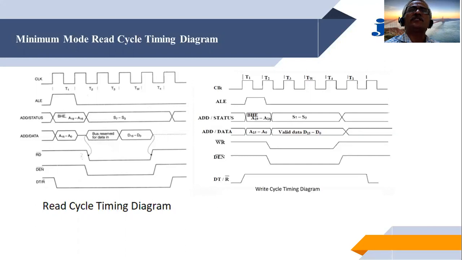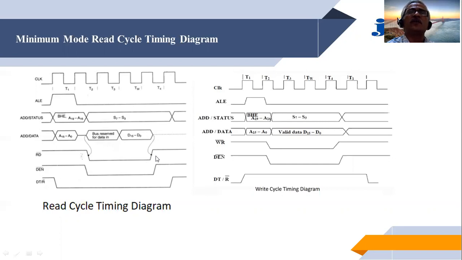And in the next T state, T3, we can say T1, T2, T3, there is a read state, and in the next T state the read bar is deactivated, indicating the operation is completed.